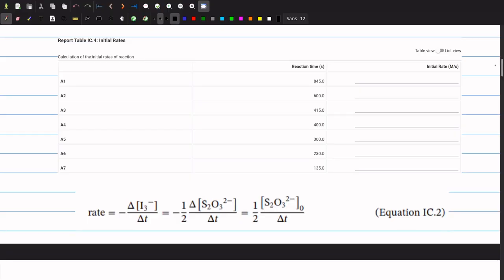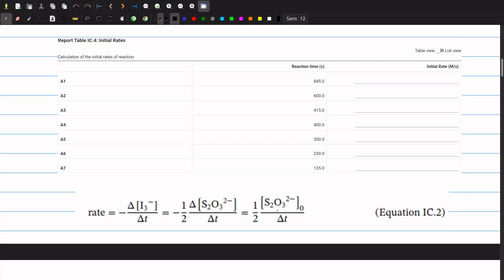And this can be a little confusing because this honestly is a pretty complicated reaction. It is a compound reaction with a lot of things going on. But if we look in the PDF, we can see that we can basically track this based on the change of the initial concentration of the thiosulfate.